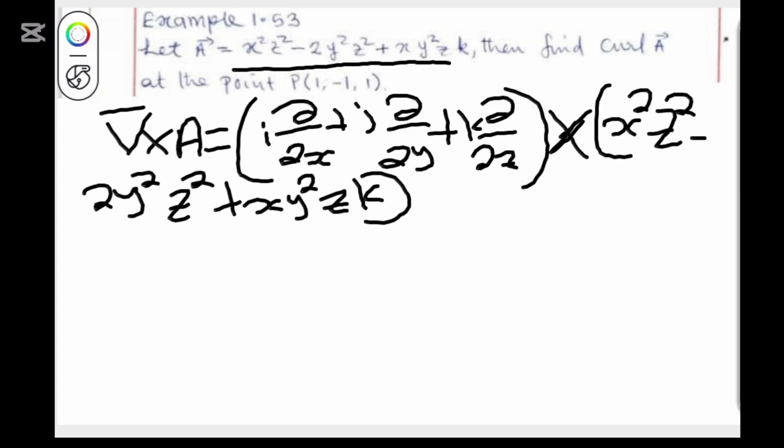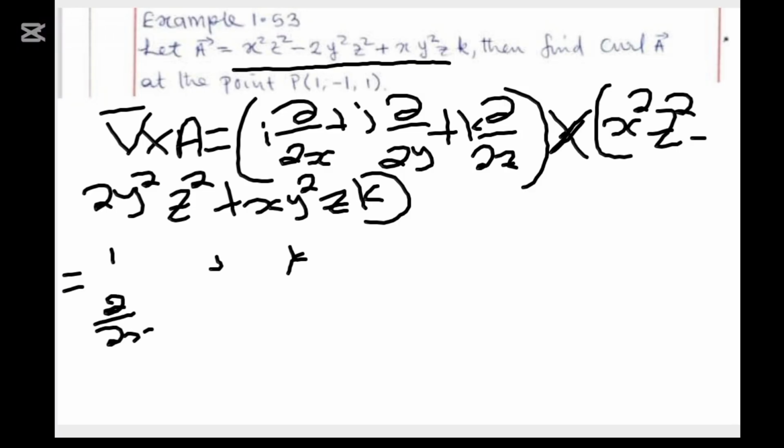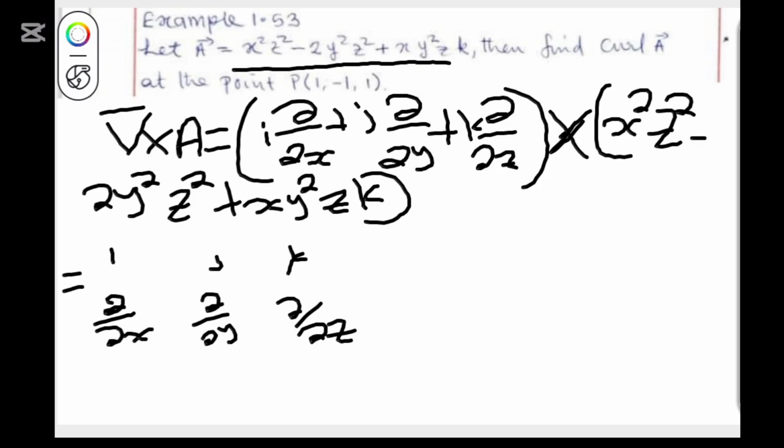This cross is the same thing as saying, let's say i, j and k, and we have the partial of x, and also the partial of y, and also the partial of z. And don't forget, I have x squared z squared. So I have to put them in matrix form.